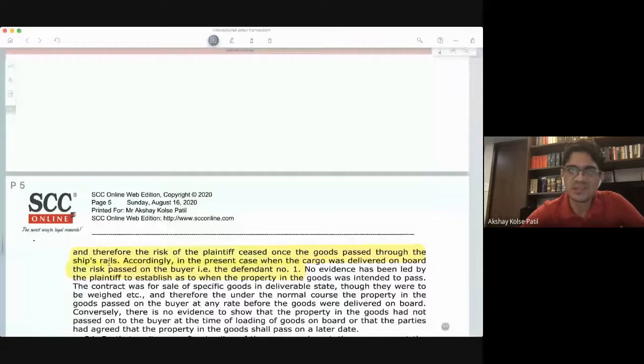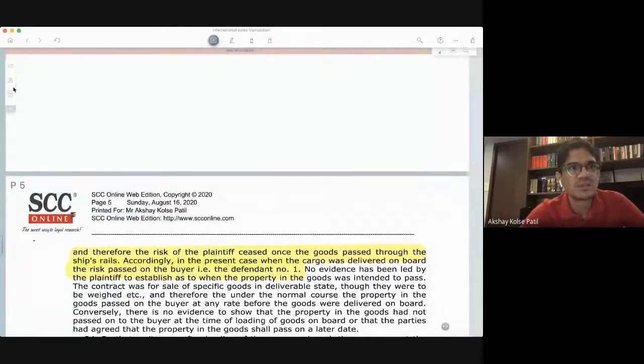Actually, now the ship's rails concept has gone, as I explained before. If you look at the explanations given by the ICC in the Incoterms 2010, they have done away with ship's rails, and in fact now, as I mentioned before, the risk is only transferred when the goods are placed on the ship. Accordingly, in the present case, when the cargo was delivered on board, the risk passed to the buyer.